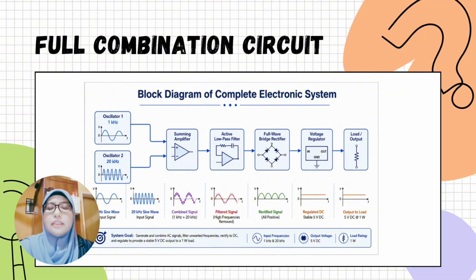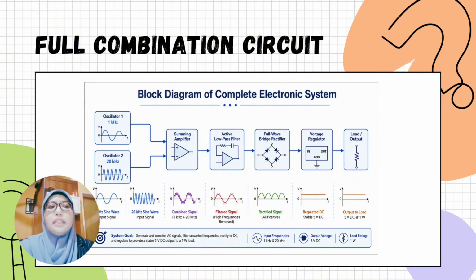These two signals serve as the input source for the system. Next, both signals are sent to the summing amplifier. The purpose of the amplifier is to combine the signals into one composite signal. This ensures the output of the stage contains both frequency components.